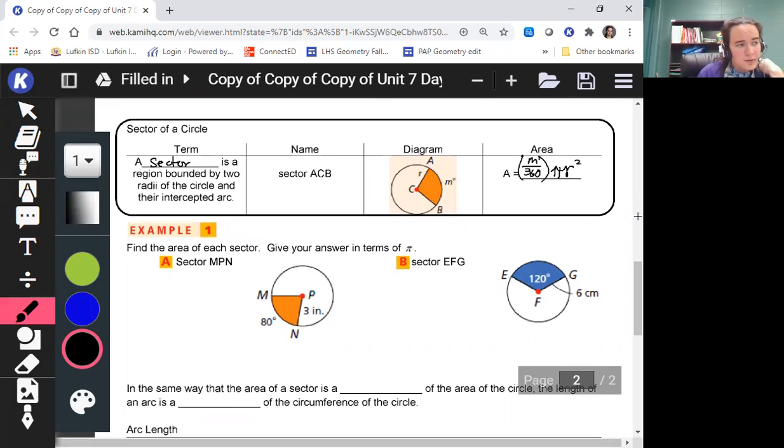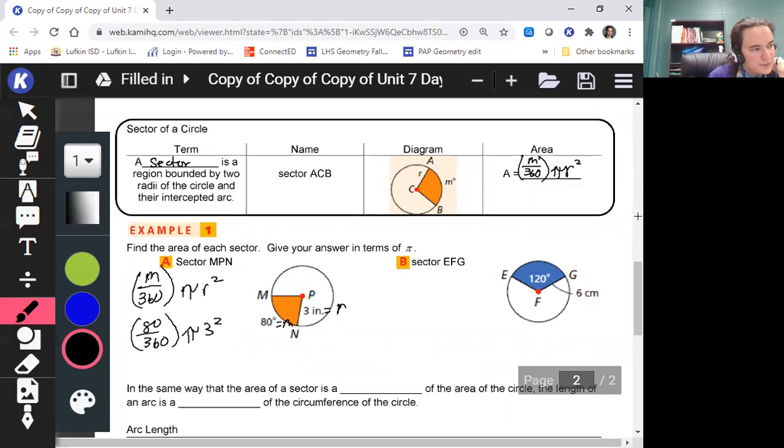So we have our radius of 3 and our angle measure is 80. We're again going to use this formula, the measure of our angle over 360 times pi r squared. So 80 divided by 360 times pi 3 squared.